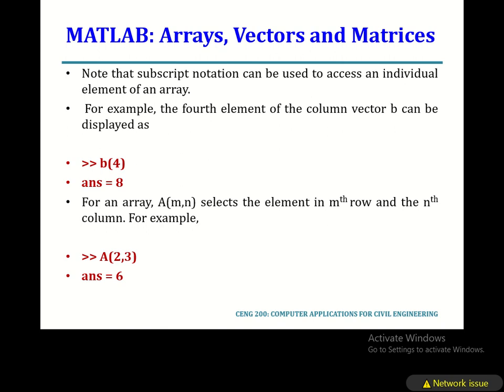Here it means give me the 4th value in B. Got it? So if you want to extract a value from the matrix, one value or multiple values, it can work.